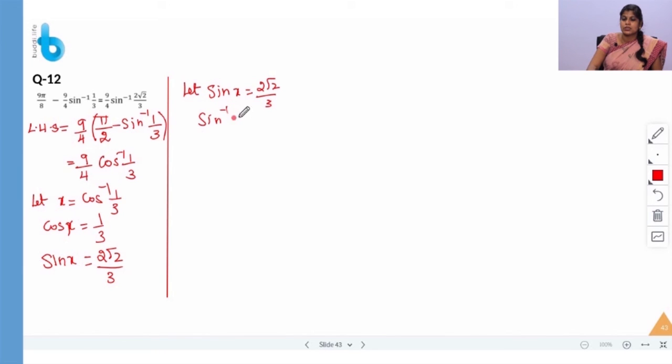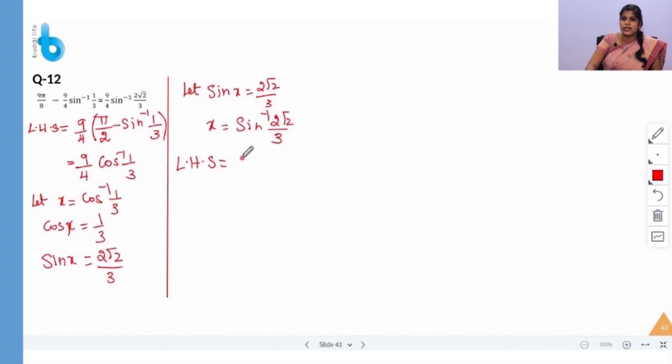So x equal to sin inverse of 2 root 2 by 3 here. And what is x? We assumed cos inverse of 1 by 3, right? And cos inverse of 1 by 3 is there in the LHS.